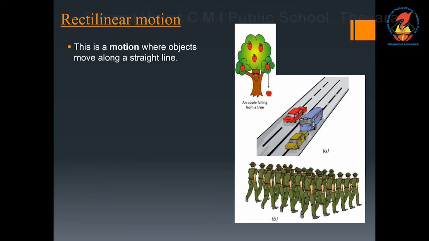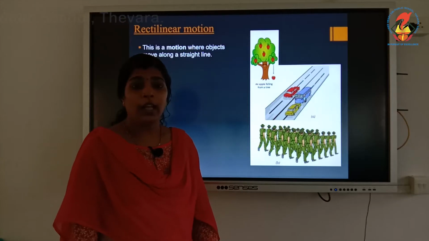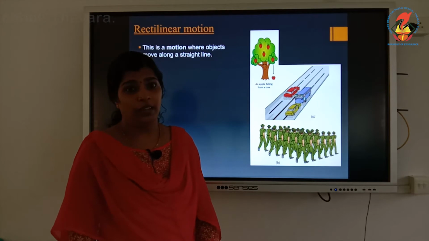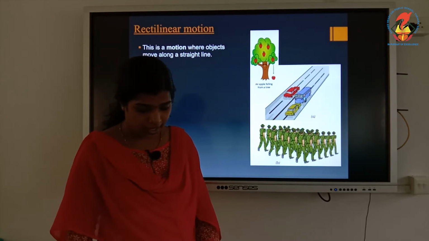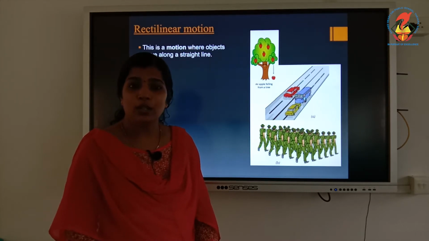That is also an example of rectilinear motion. Then a car or a vehicle moving on a straight road is also an example. Then a bullet fired from a gun. The bullet will move in a straight line, so that is also an example.